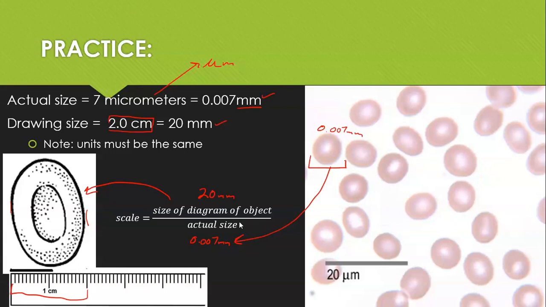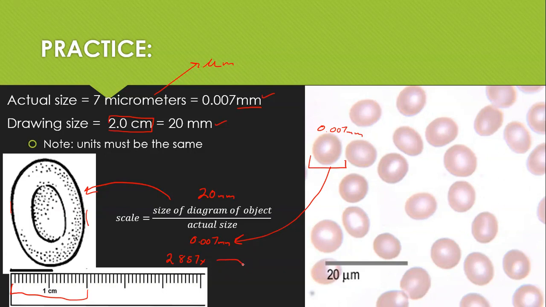So 20 divided by 0.007 gives me a scale of 2,857 times. What this is saying is that my drawing is 2,857 times larger than an actual red blood cell.